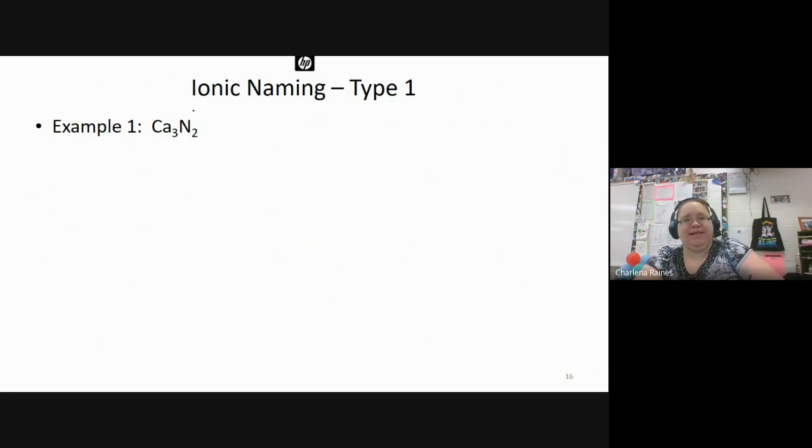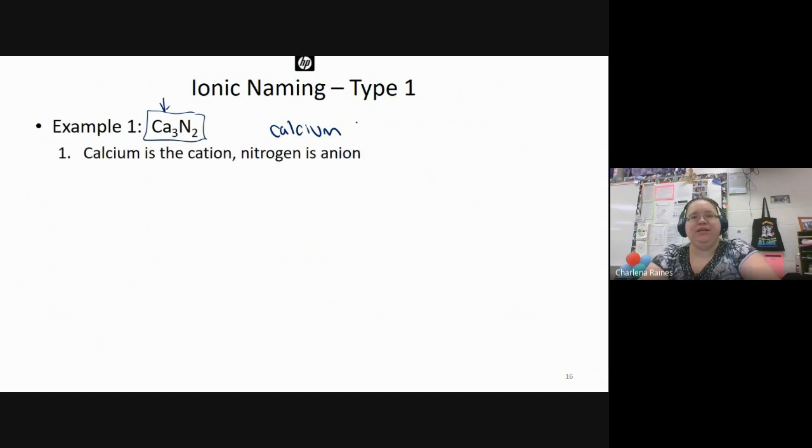So what is Ca3N2's name? Well, I see 2 capital letters. It begins with a metal, so I write the metal's name, calcium. N, that's a nonmetal, not a polyatomic. So nitrogen, I keep the first syllable, and I replace that ending with IDE.